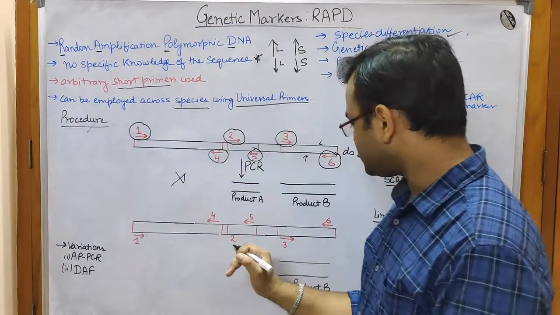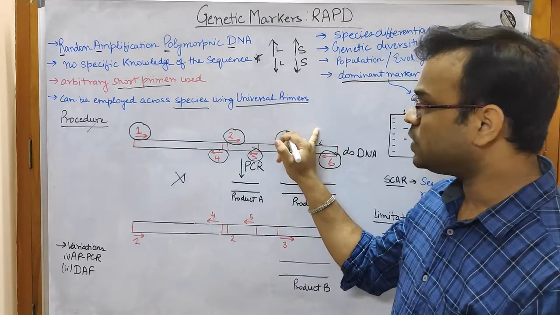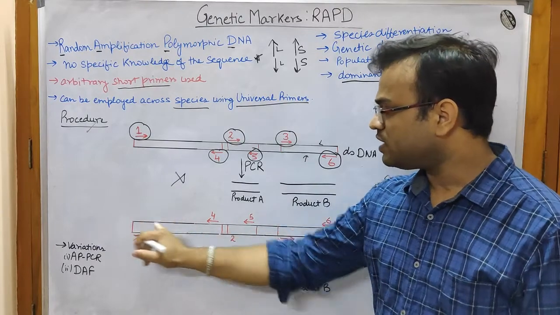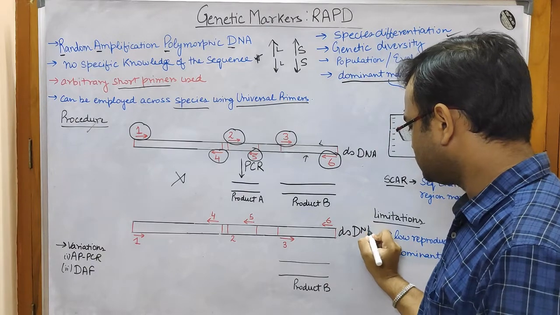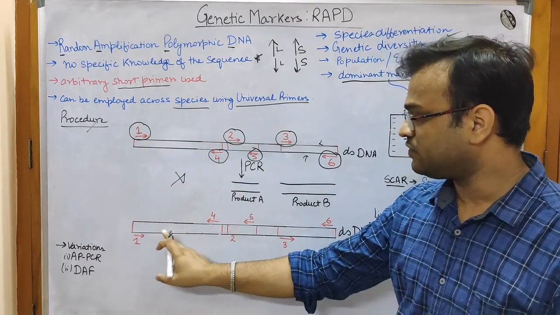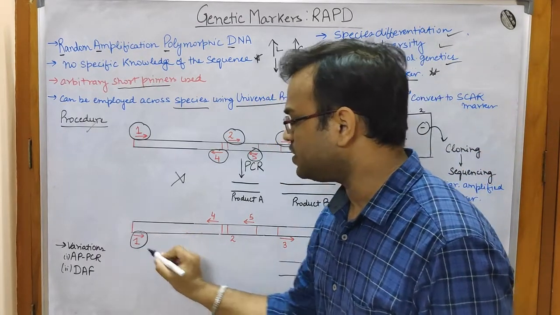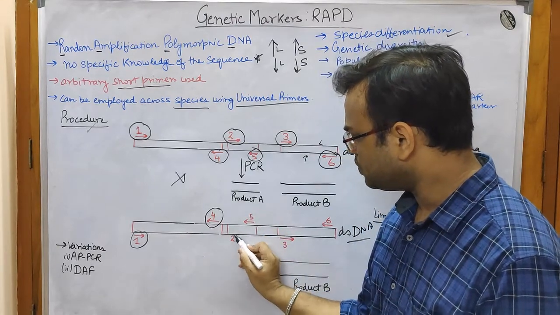Okay, so let us understand this now. This is individual 1 and this is individual 2. Again, similarly we have this double stranded DNA, the first sequence and the second sequence. Again this is region 1, this is region 4, this is region 2.